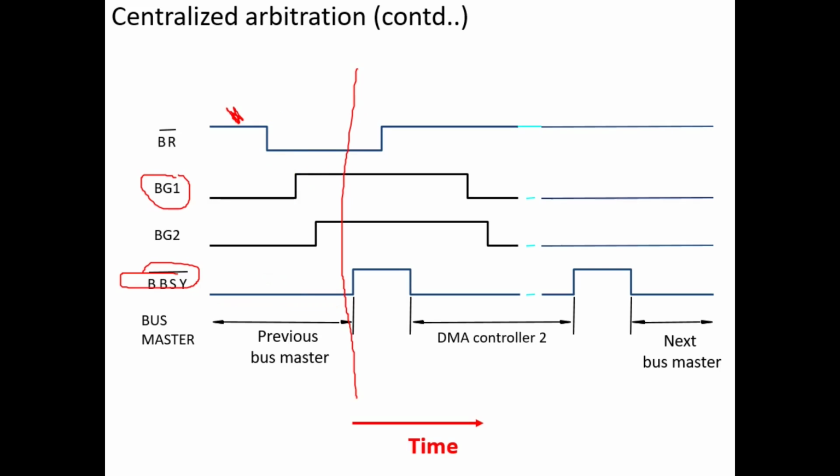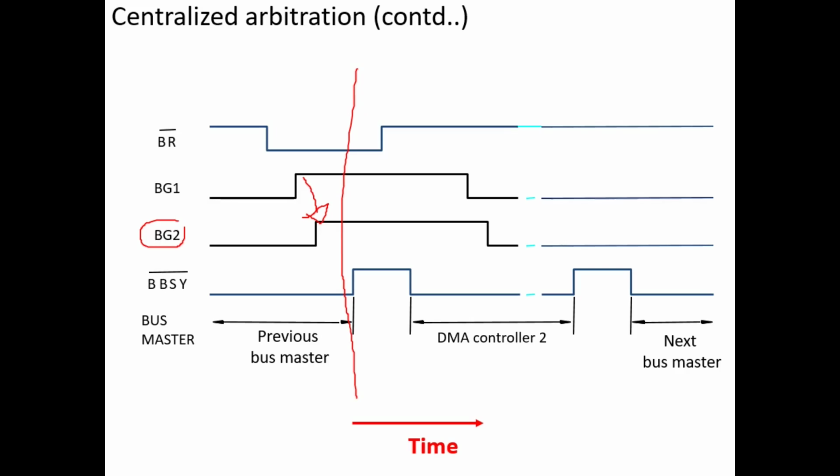Now DMA controller 1 does not want to become bus master, so it has transferred that signal to bus grant 2. Otherwise it would block it. Now DMA controller 2 receives the bus grant signal and blocks it, because DMA controller 2 wants to become bus master.